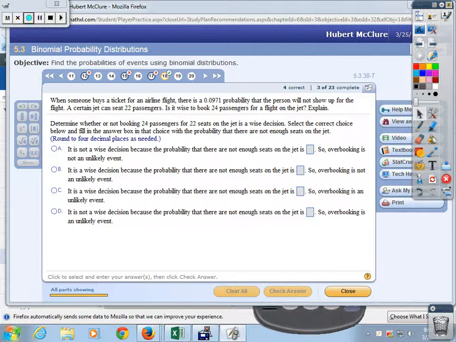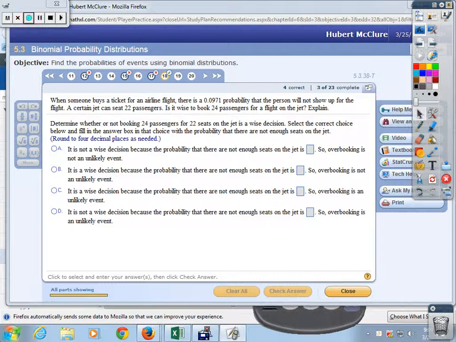But anyway, a certain jet can seat 22 passengers. Now this is very important because some people go, is it wise to book 24 passengers for a flight? And they'll use that 24 incorrectly. I don't care if 24 people show up or not.